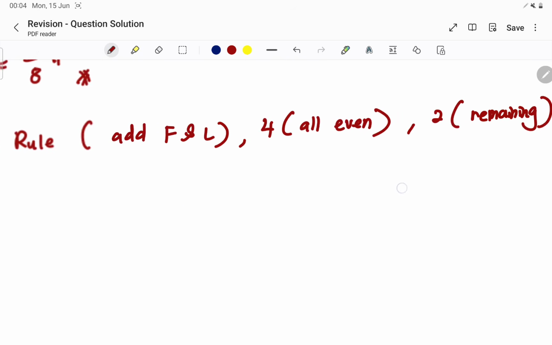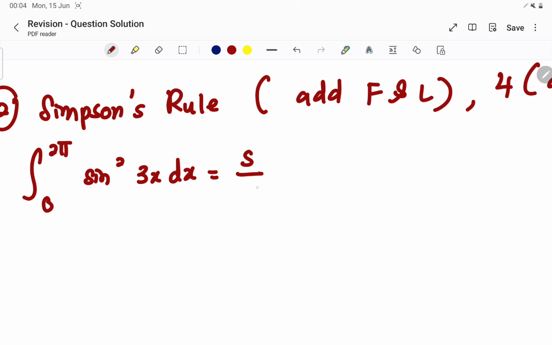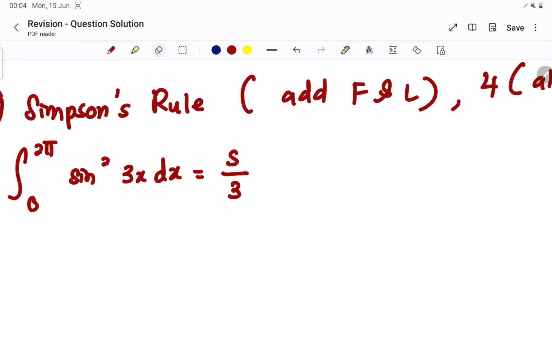So the formula for Simpson's rule, I copy first, is equal to s over 3. What is s? s is basically the h from earlier, so I just changed it to h also.